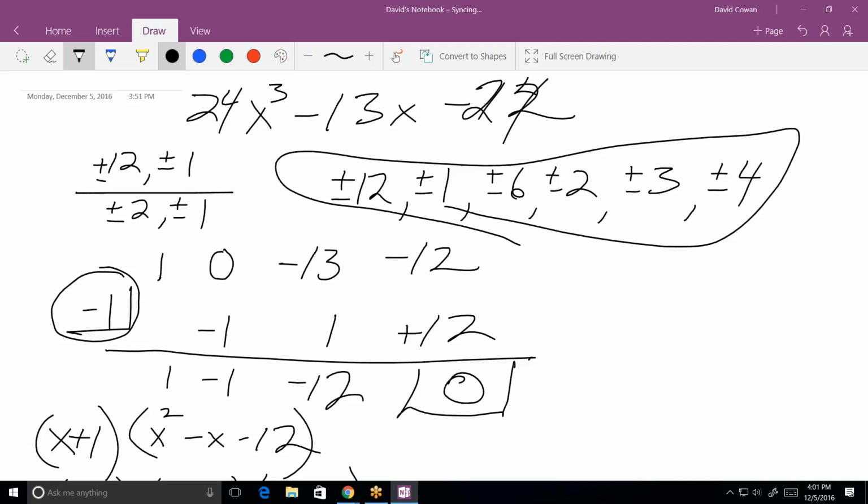In other words, you have to do all combinations. So 6 would be an answer, 12 would be a possible answer, 1/2 would be a possible answer, and 1 would be a possible answer.